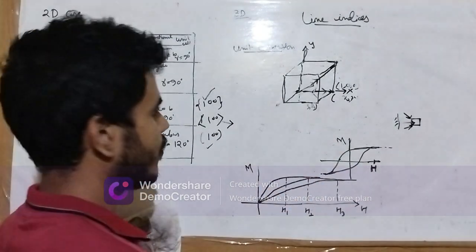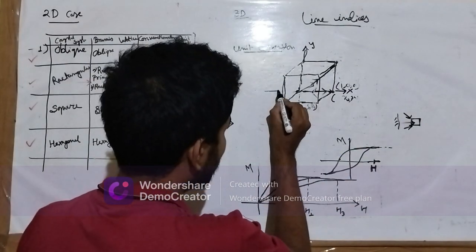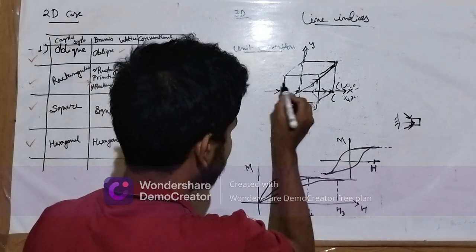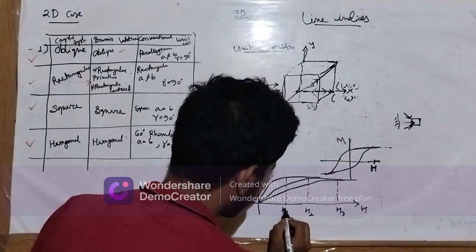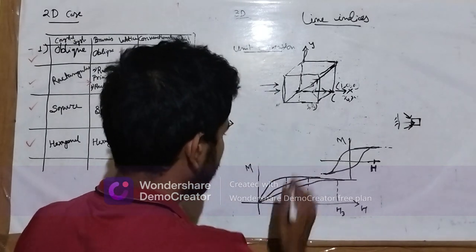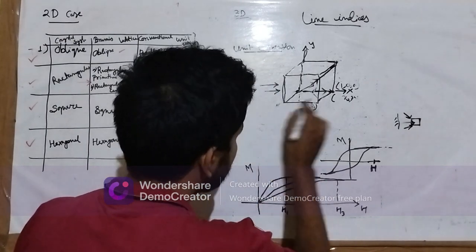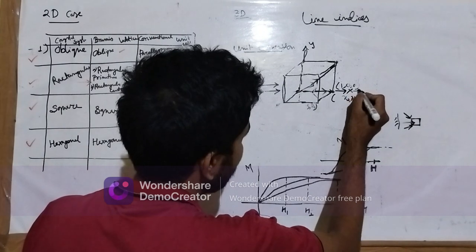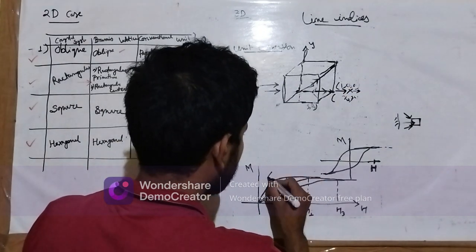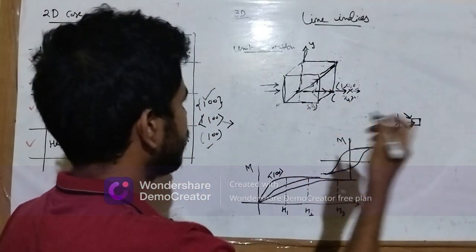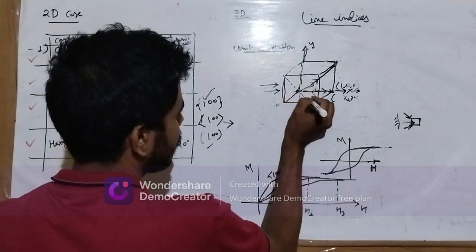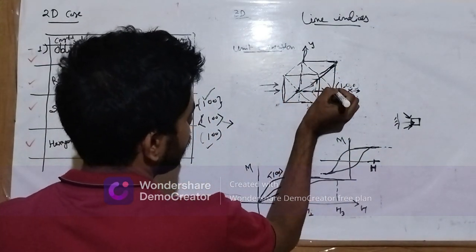This only happens because when we apply the magnetic field in the X direction, saturation happens at this point. So this graph is for this direction, the 1 0 0 plane, and for this other graph, let's suppose we apply the field in this plane.